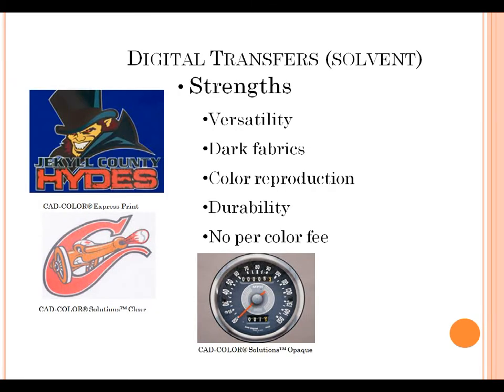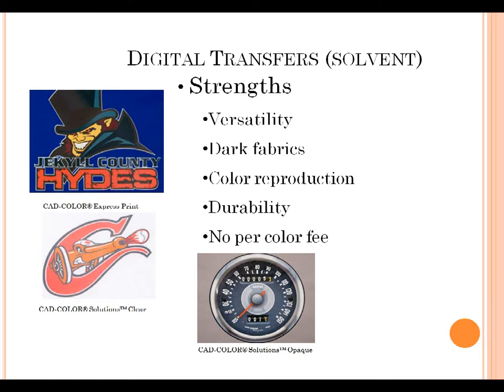So now when we talk about digital transfers, there are several. If you're moving from a one or two color design that you want to heat apply onto nylon, you can use all those materials that I just listed. When you move into full color designs, you probably want to get into a digital transfer. Some of the benefits of a digital transfer are that they're versatile and you can easily stock them.